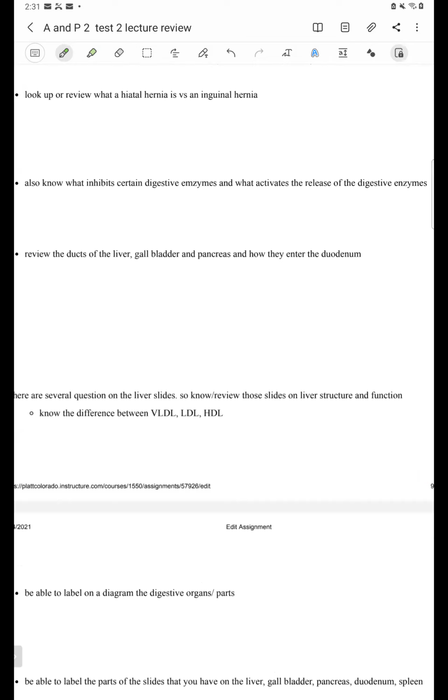Okay, so a hiatal hernia is where the superior part of the stomach starts to herniate through the diaphragm. Okay, the superior aspect of your stomach.